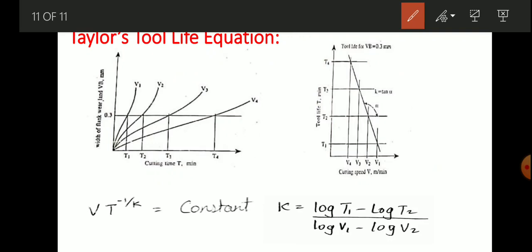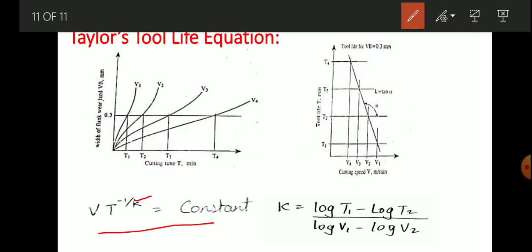The tool life and cutting speed is represented by the given equation, that is V T raised to 1 divided by K is equal to constant. This is the tool life and cutting speed equation, where V is the cutting speed in meters per minute and T is tool life in minutes. The value of K minus 1 divided by K depends mainly on the tool material and to a certain extent on the work material.